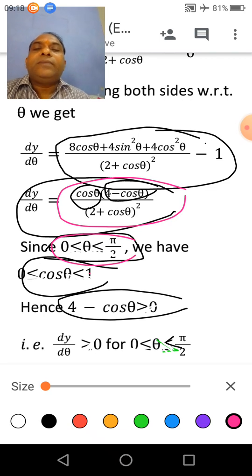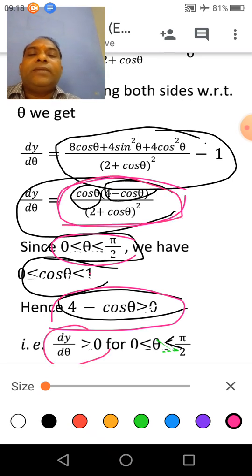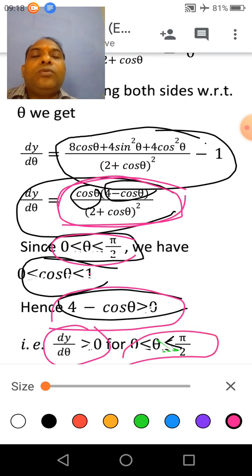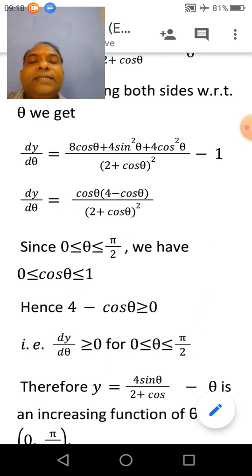It means cos theta will be positive. Clear? And 4 minus cos theta will also be positive. Clear? Then dy by d theta will be positive, which means dy by d theta will be greater than 0 for all theta lying between 0 to pi by 2. Clear?